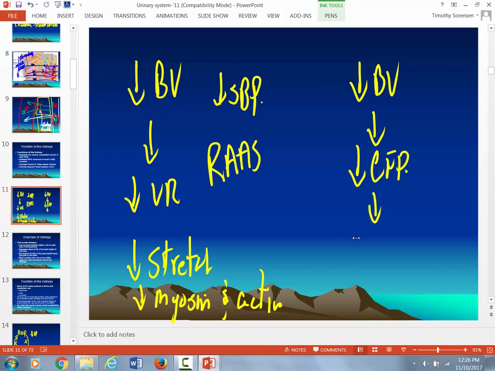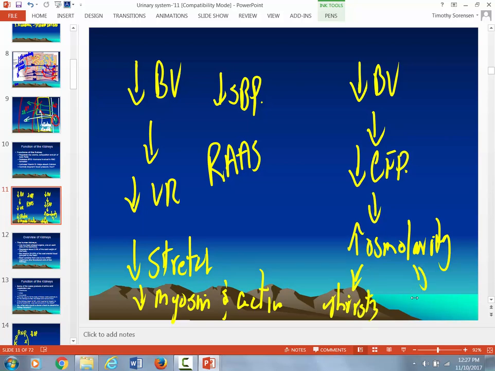So what's going to happen to the osmolarity of the interstitial space? It's going to go up. So when you increase osmolarity within the hypothalamus, it will trigger two things. It's going to trigger thirst, and it's going to trigger the release of ADH from the posterior pituitary.